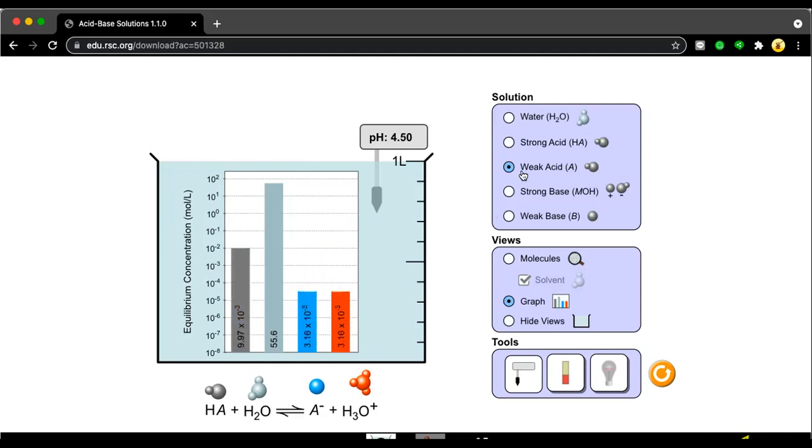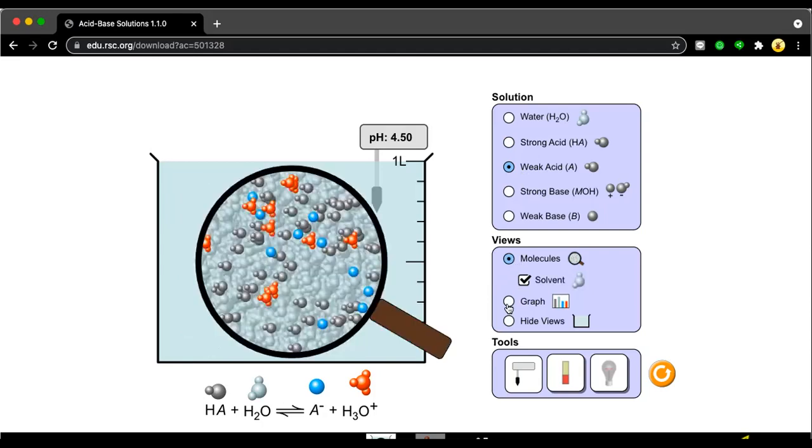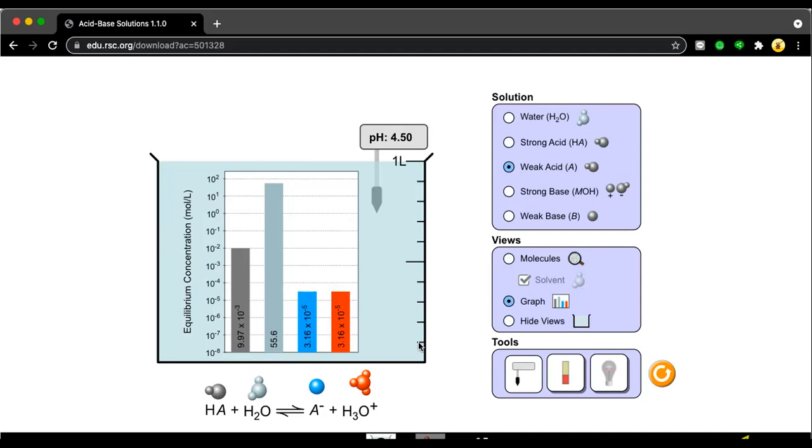For weak acid, they can either view it in terms of particle arrangement or view it in terms of graph. This is very helpful because it allows them to analyze better. And many questions nowadays like to include graph and table. So understanding the graph is very helpful for them to solve questions and improve their data handling skills. So they should be able to relate the molecules interaction with the graphical representation.